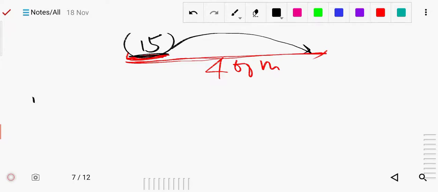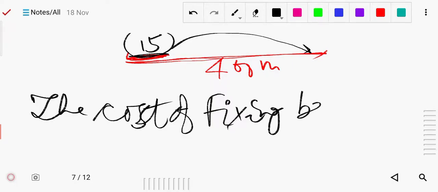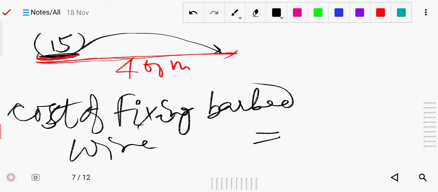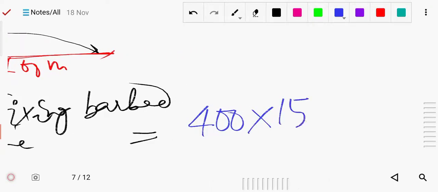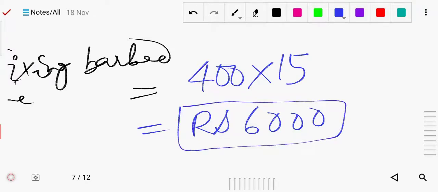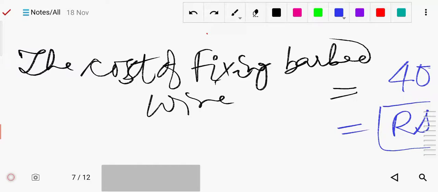The cost of fixing barbed wire will be equal to the total length, 400 meter, and the cost, 15 rupees. Now you can multiply, so you will get 6,000. So this 6,000 you have to pay for barbing the wire around this square garden.